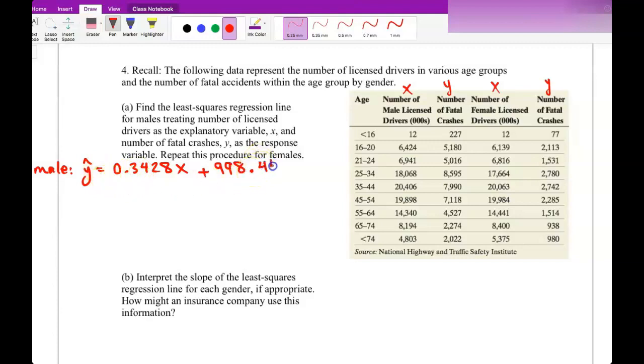So 0.4488. So this was the slope, and here is the y-intercept. And for females, y is 0.1045 times x plus 514.1520.